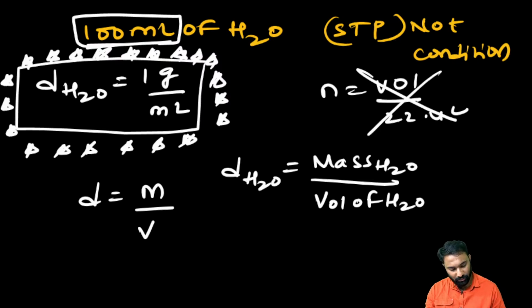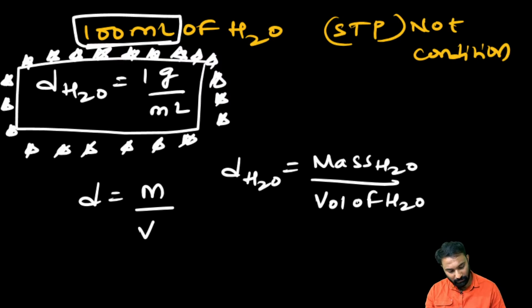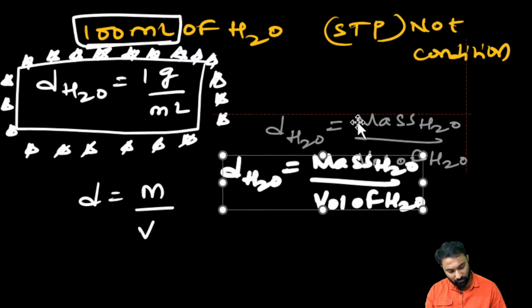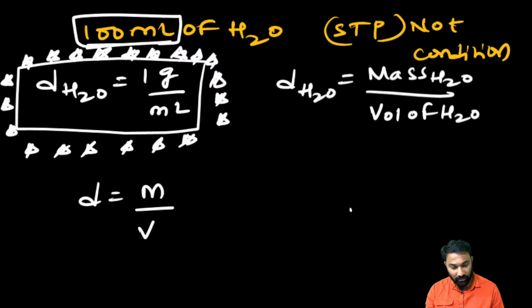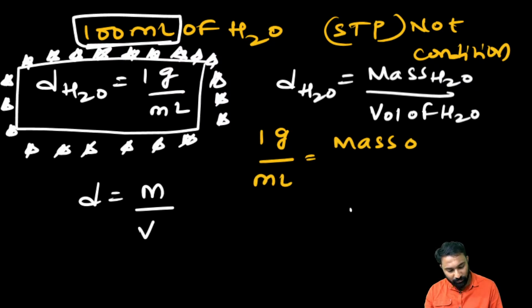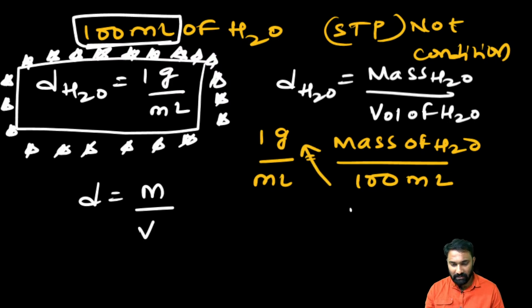Here the density of H2O is 1 gram per ml, and the mass of H2O in 100 ml is being asked. Just take the volume to the left-hand side.